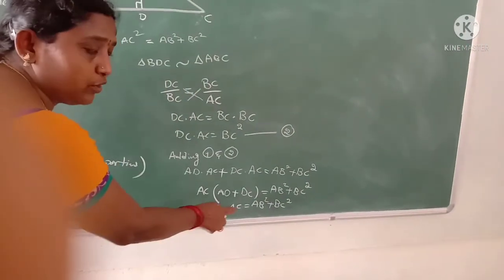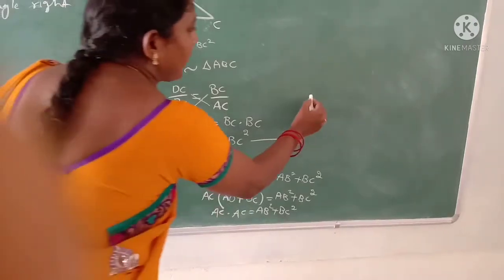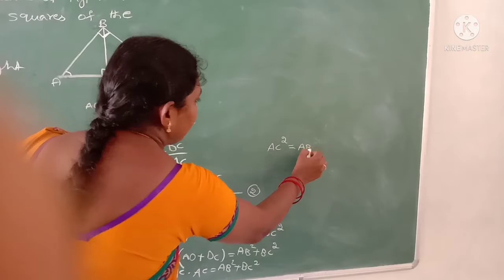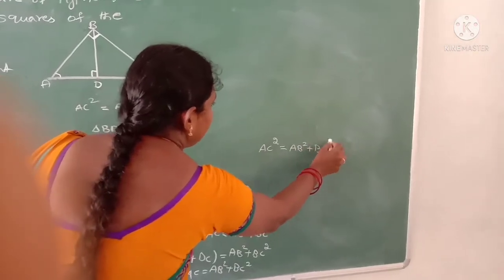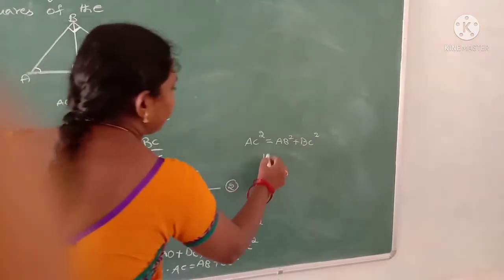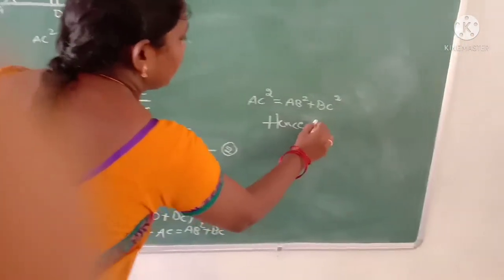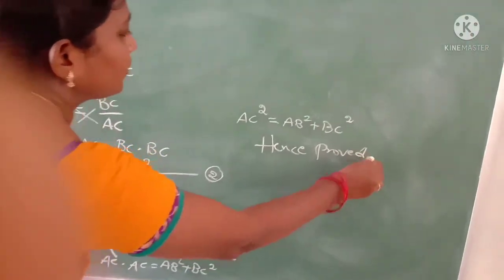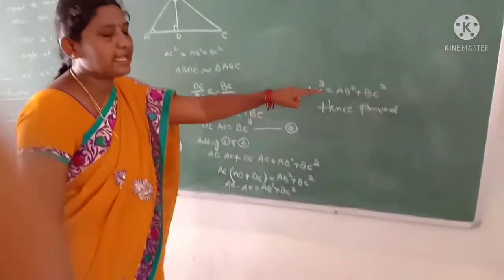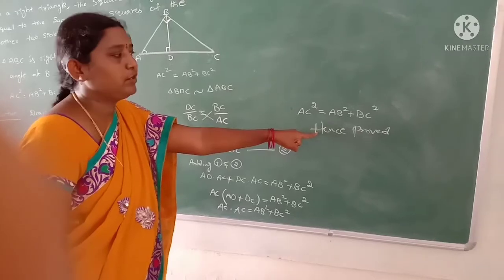AC into AC means AC square. AC square equals AB square plus BC square. So we proved the Pythagoras theorem. Hence proved. Hypotenuse square equals the sum of the squares of the other two sides.